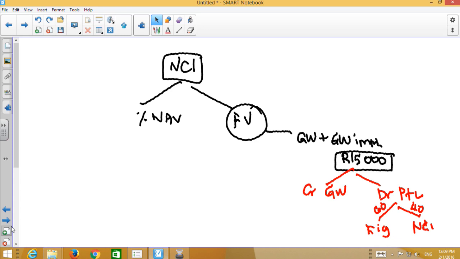Then number 4 and 5 is where we have a subsidiary. Number 4 says on 1 September, AB acquired control of Raba by acquiring an 80% interest in the issued ordinary share capital at 600,000 Rand. At this date, the fair values were all equal to carrying amounts, and the equity consisted of share capital and retained earnings.